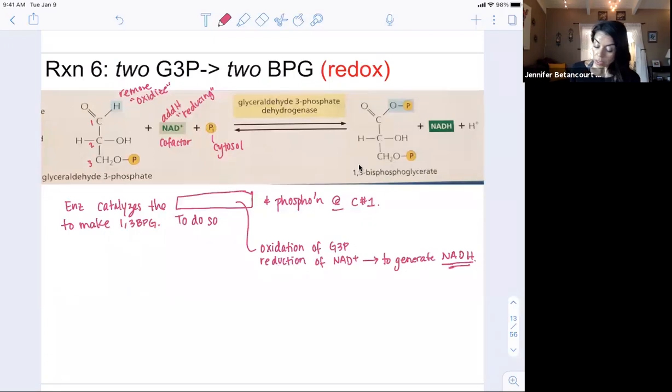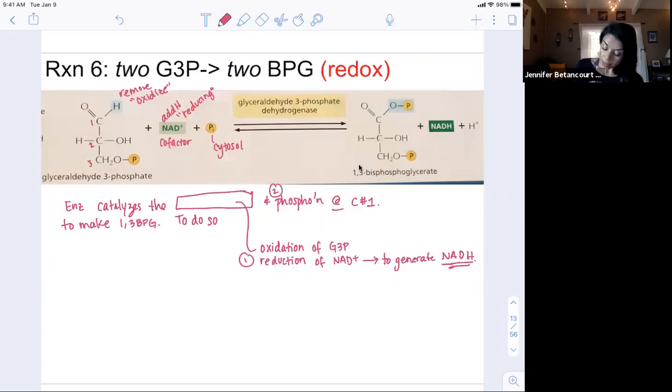So not only did the enzyme catalyze the redox reaction, and you've described the redox reaction, but it also catalyzed the phosphorylation. This has to happen first. You have to remove the hydrogen first before you put the phosphate group on. So you're going to write it in chronological order. The redox happened first, and then it also catalyzed the phosphorylation, and all of this is happening at carbon number 1.